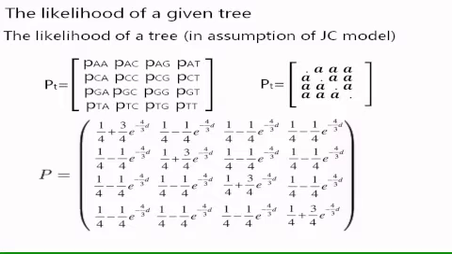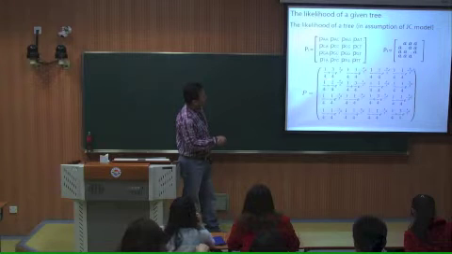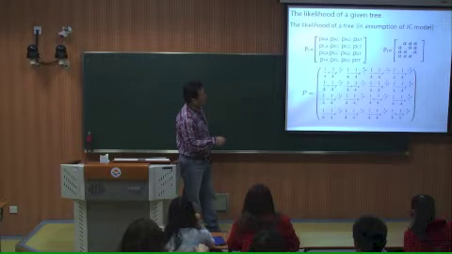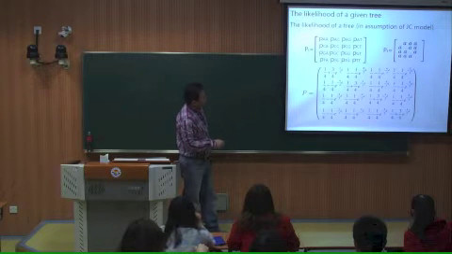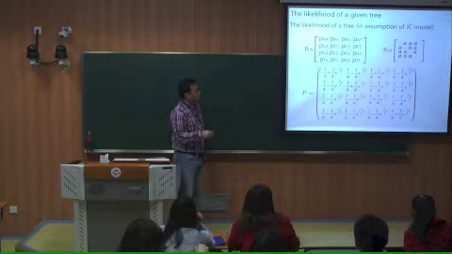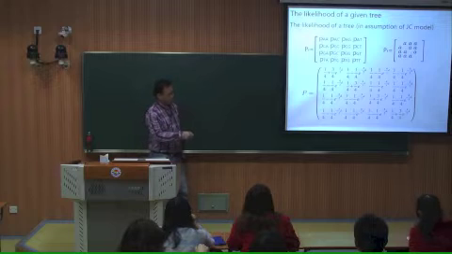okay, this tells us how to calculate the P. The P_AA is calculated as these numbers here. I will explain that in a minute. For this calculation, we assume the simplest model, the Jukes-Cantor model. So all transitions between different nucleotides are the same. They're all equal to alpha.